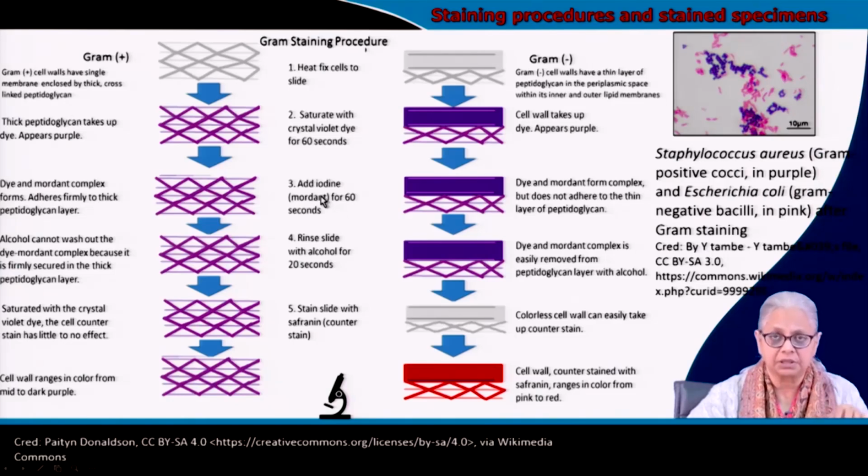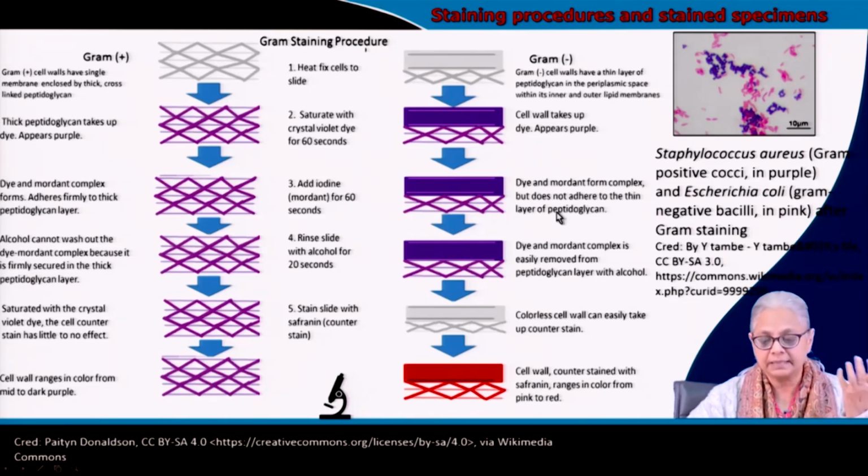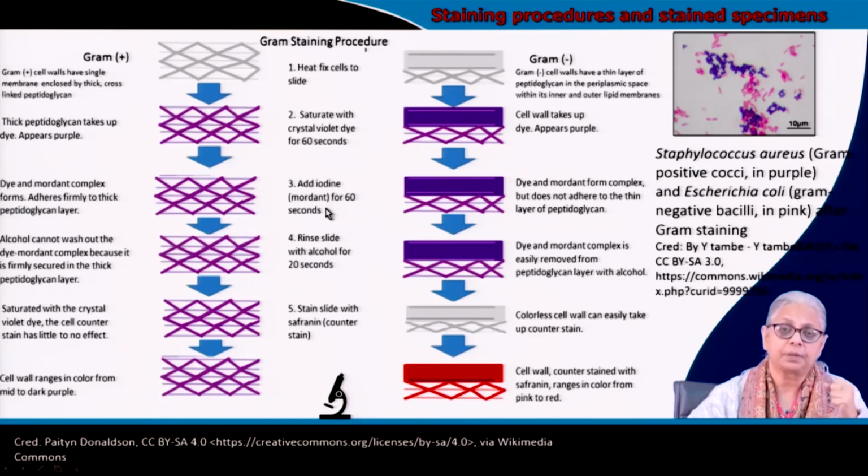Then you add iodine. Iodine is a mordant. It forms what is called a crystal violet iodine complex, which is insoluble in water. We'll come back to the microscopic details later. This complex is known to attach itself to peptidoglycan.